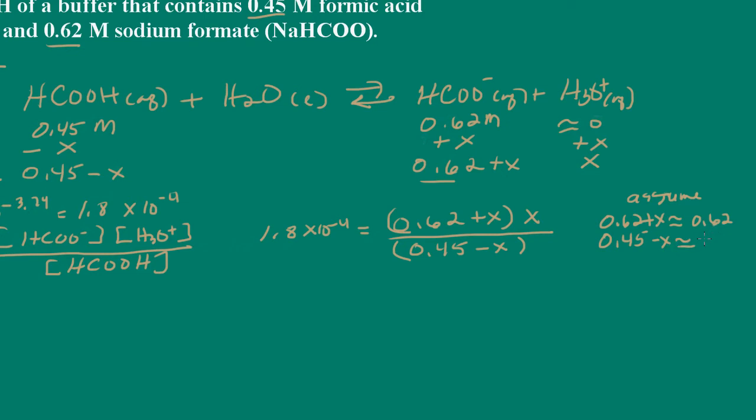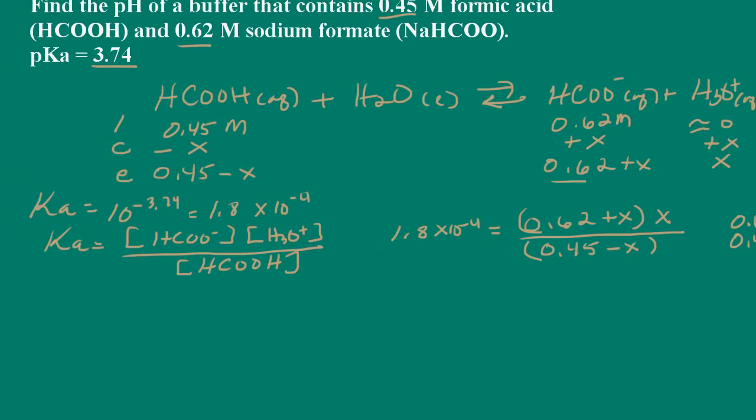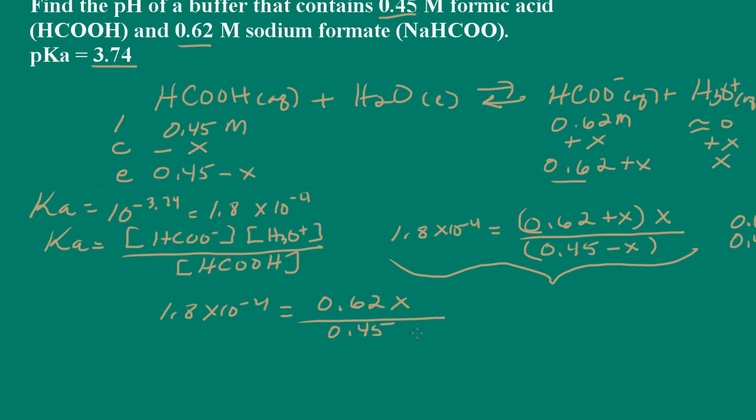And then we'll check our assumption after we determine x. But what's nice here is our expression now becomes 1.8 times 10 to the negative 4 is equal to 0.62 times x over 0.45. So now we can easily solve for x.